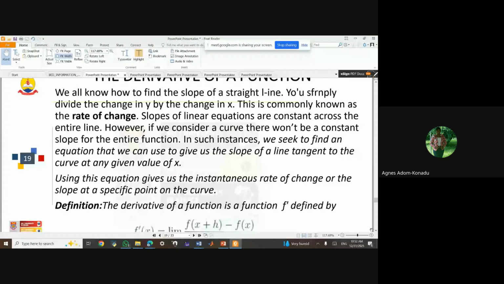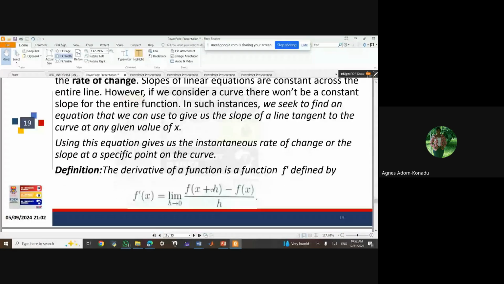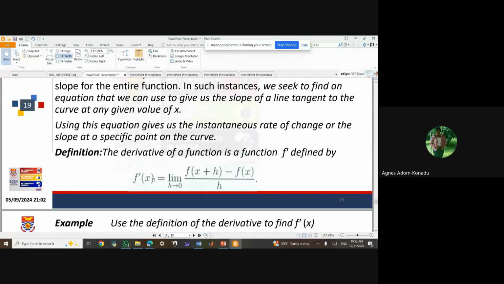So the definition for the slope, which is the same as the derivative or the rate of change: the derivative of a function is a function given as f prime, and it is defined by the limit as h approaches 0 of f of x plus h minus f of x, divided by h.